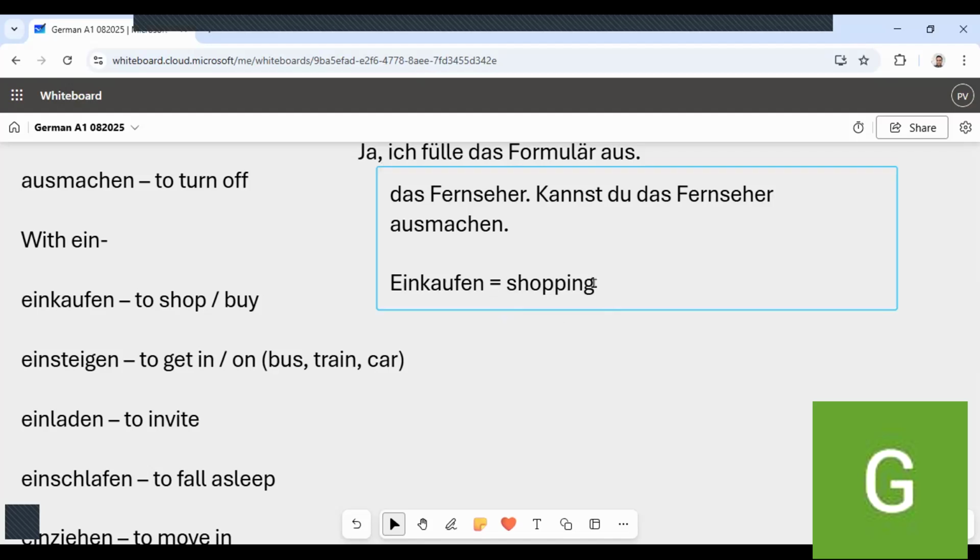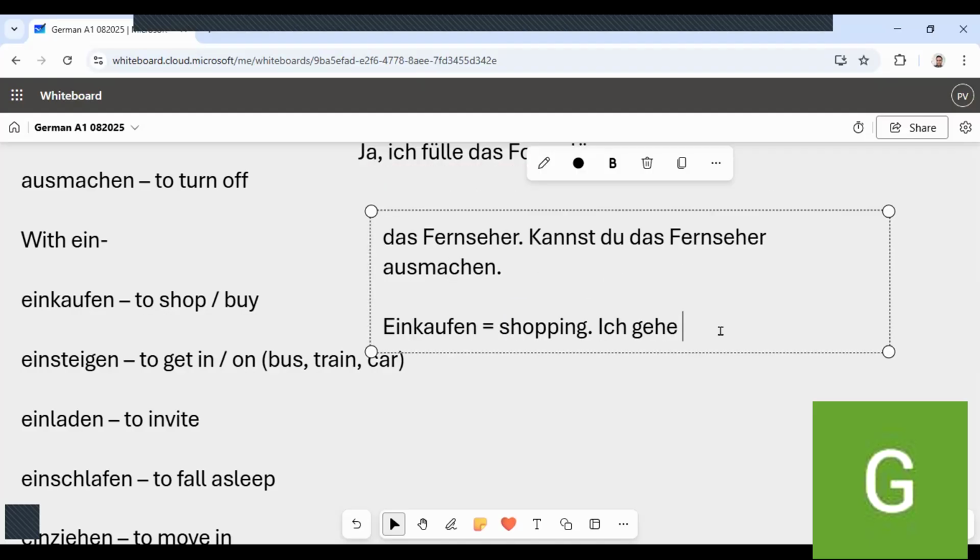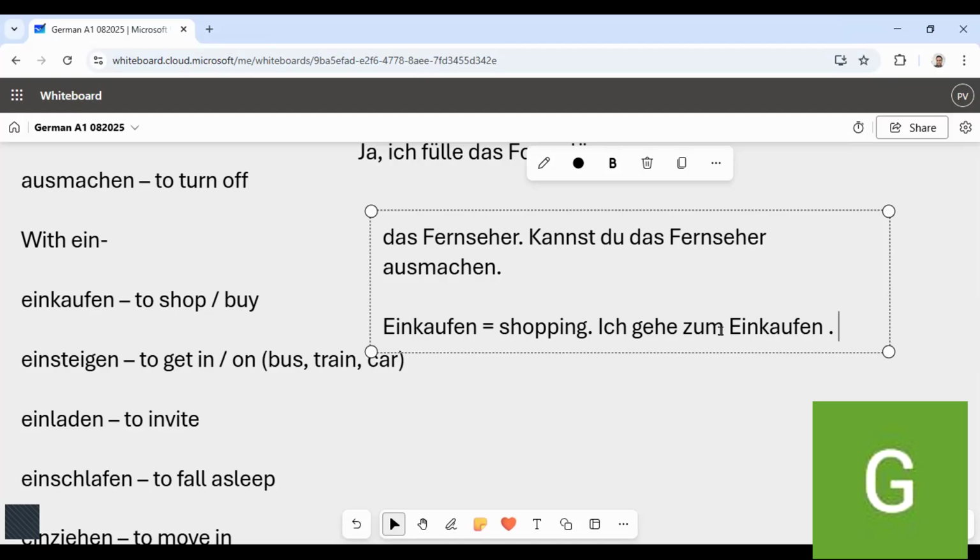Einkaufen. You can make some sentences like this: Ich gehe einkaufen, or zum Einkaufen. Simply you can say I am going for shopping, because einkaufen is a noun.